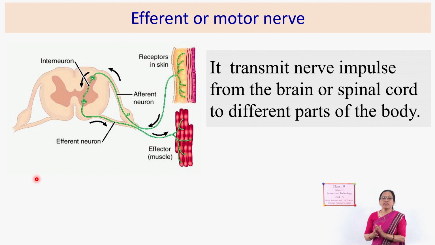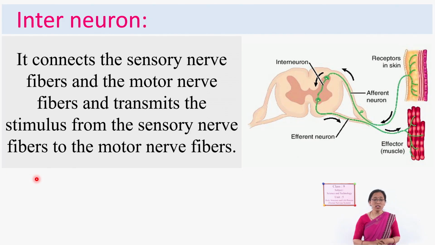So this efferent or motor nerve, what does it do? It just passes the motor information, or the information given by the central nervous system, to the muscles. Now, what does an interneuron do? Where is it located? It is present in the central nervous system, either the spinal cord or the brain.